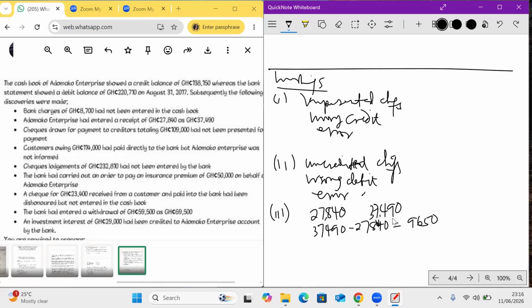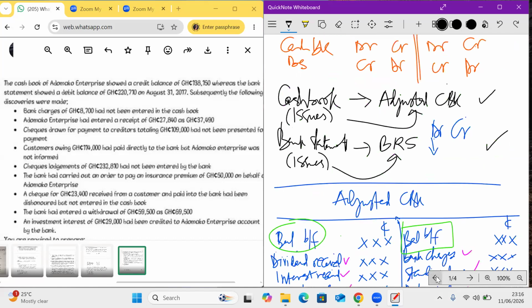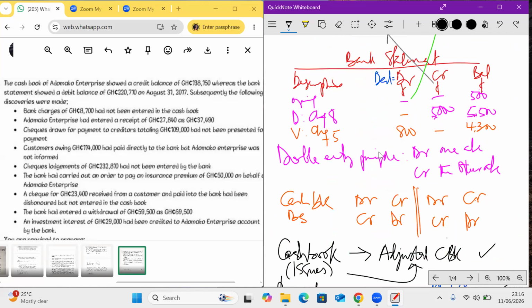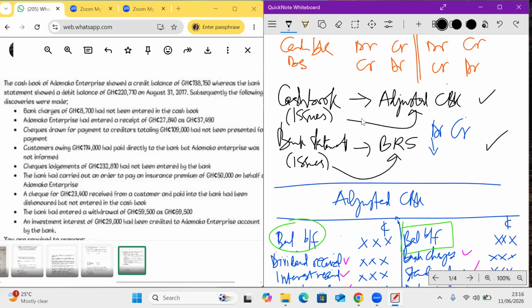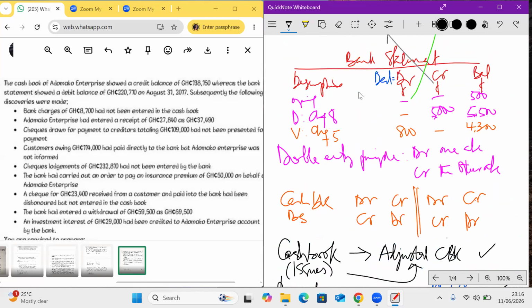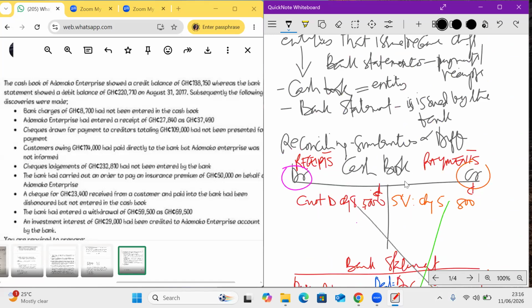I'm not asking whether it's an error or not. I'm asking you, where did they record it in the original cash book? Just read the transaction and tell me. Madam, hold on. We said in the original cash book, look here, the debit side, the left-hand side of the original cash book, what is there?